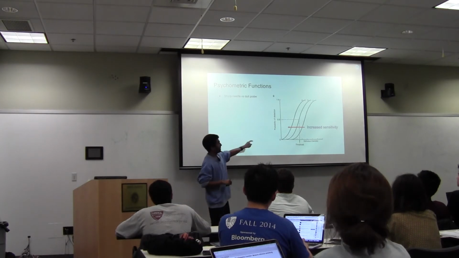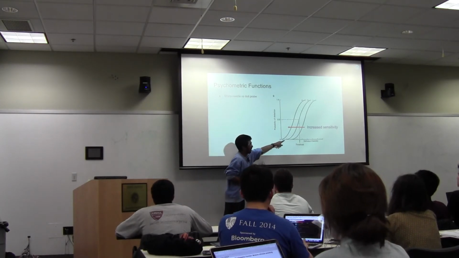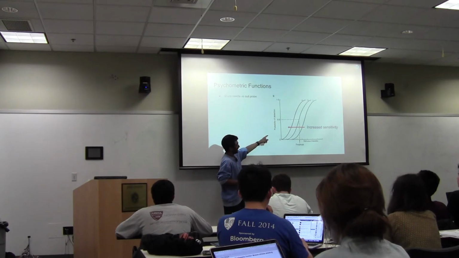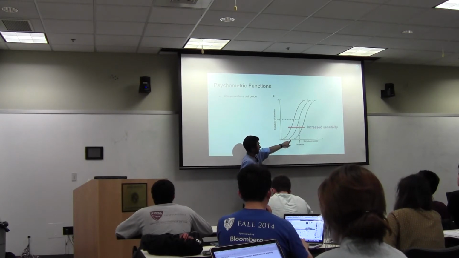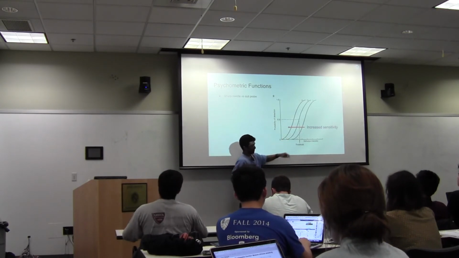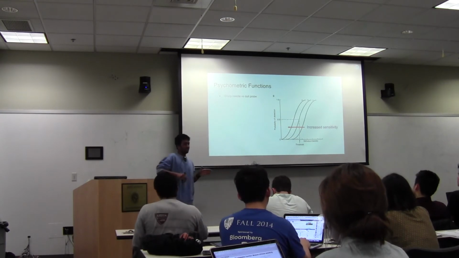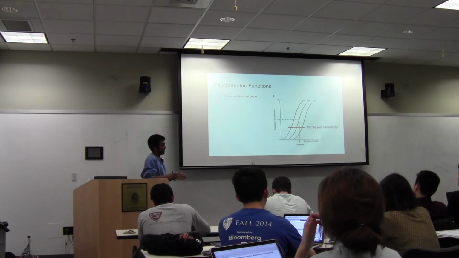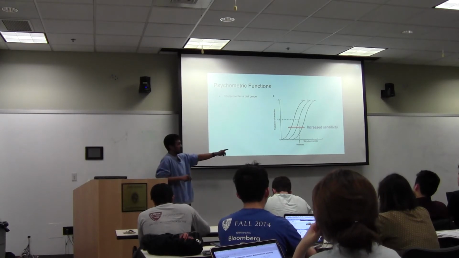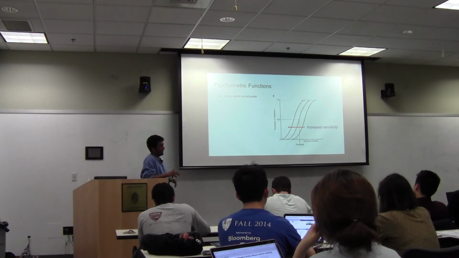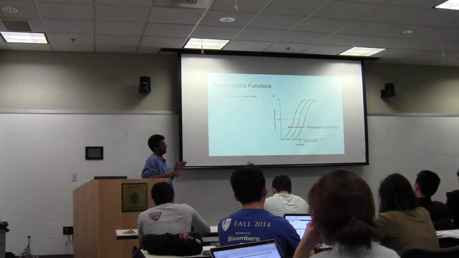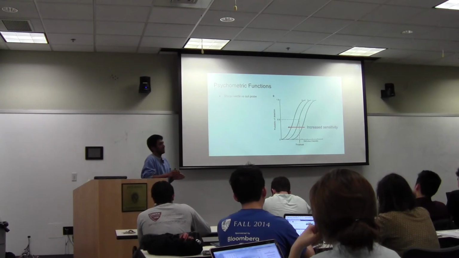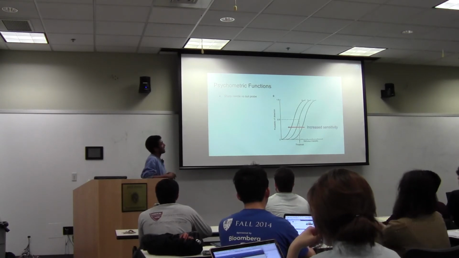So if you're more sensitive, the psychometric function will be shifted to the left, and that makes sense because the threshold on the x-axis will have a lower stimulus intensity, which means that 50% of the time you'll be able to detect it at a much lower stimulus, which means you're a lot more sensitive. Whereas shifting the curve to the right would mean that you're a lot less sensitive because 50% of the time you'll get it right at a much higher stimulus value. So much larger, like depression of your skin or something like that.